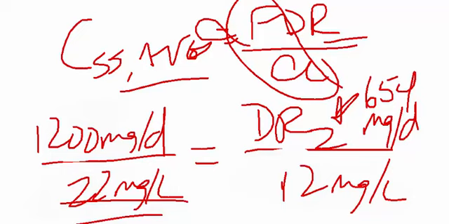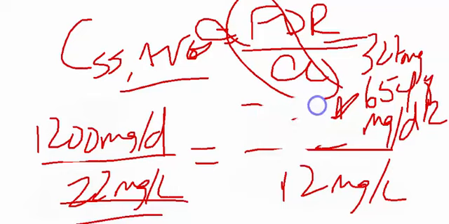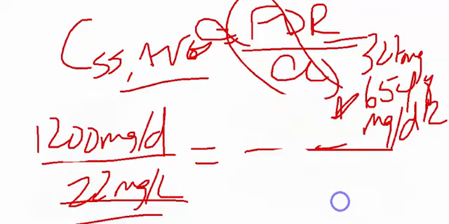This recommends 327 milligrams Q12 hours. So again, we could go back in and decide if we want to give 300 or 350 every 12 hours.